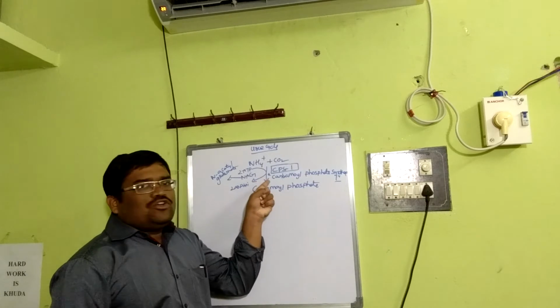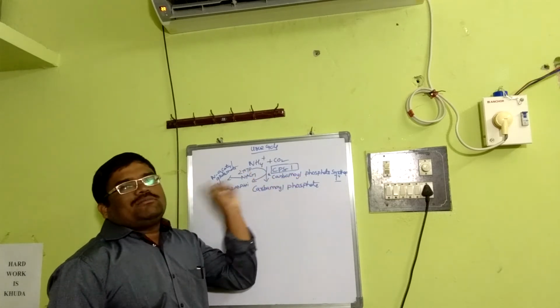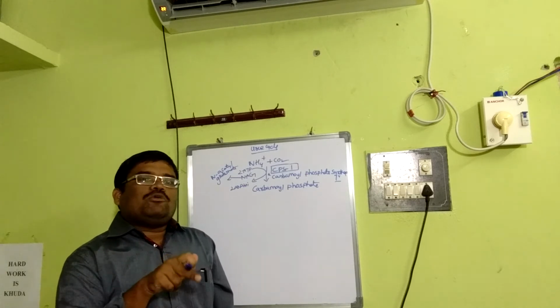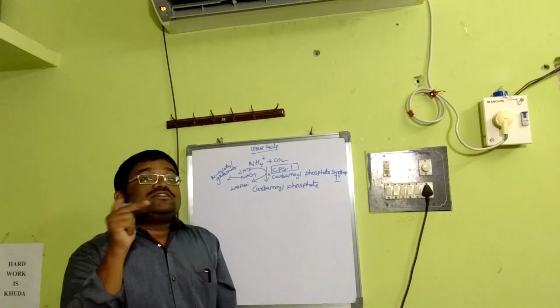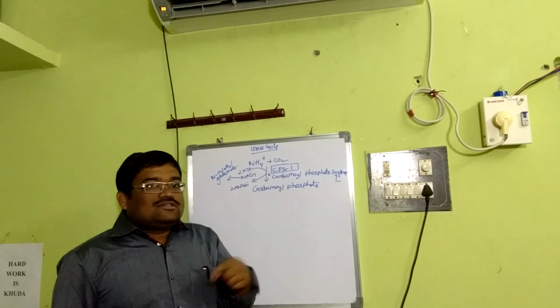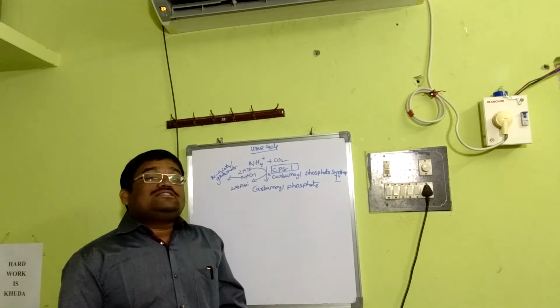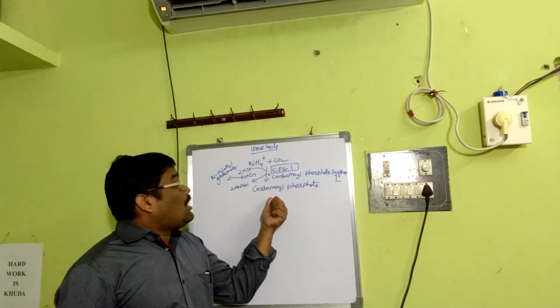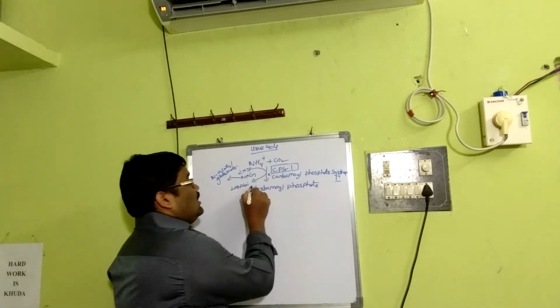CPS2 is another carbamoyl phosphate synthase, but it is present in cytosol, whereas CPS1 is present in mitochondria. CPS2 is involved in the synthesis of pyrimidines, but here CPS1 is involved in the synthesis of carbamoyl phosphate. This is very important.